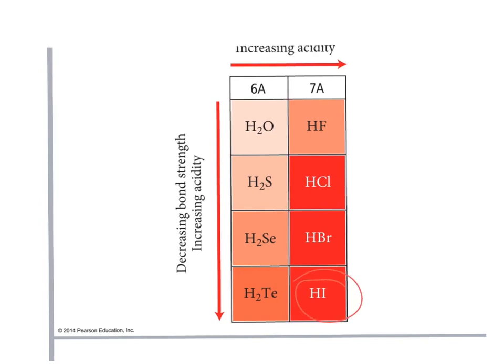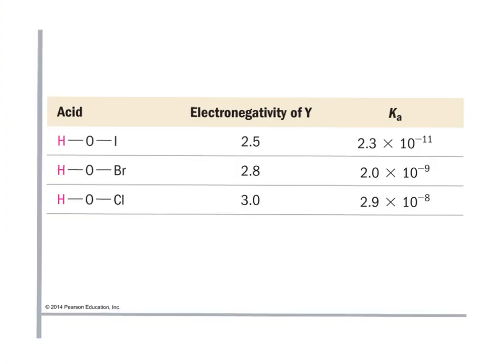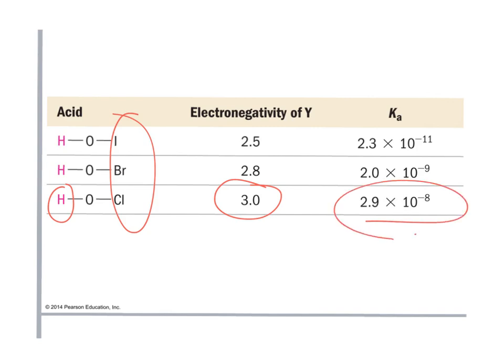Couldn't hang on to the H quite as well. On to oxyacid strength. So in oxyacids, the strength was relative to the electronegativity of the Y group, right? And so the stronger the electronegativity of the Y group, the harder it is to hang on to that, the bigger the Ka, so the stronger the acid.